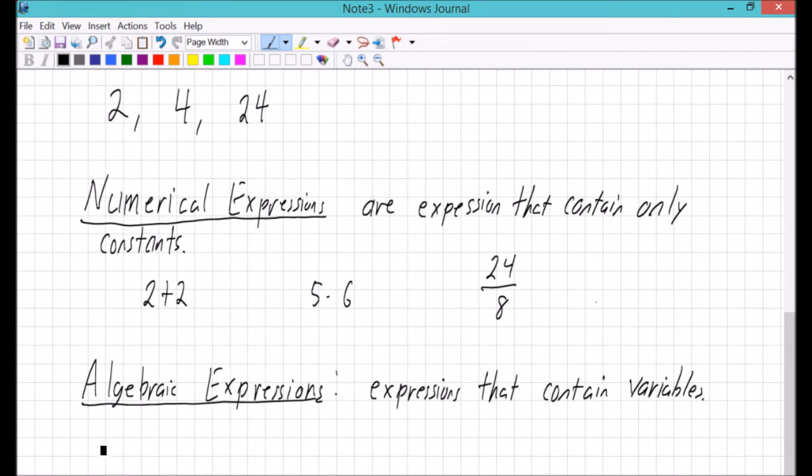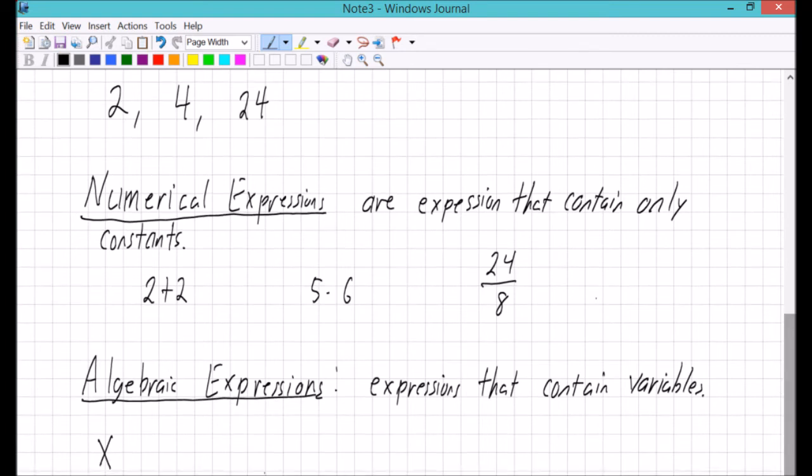So would this be an algebraic expression? Yes. Just plain old x is an algebraic expression because it contains a variable. It doesn't matter that there's nothing else there. It just has a variable. And so x by itself is an algebraic expression. Another one would be something like x plus 2.